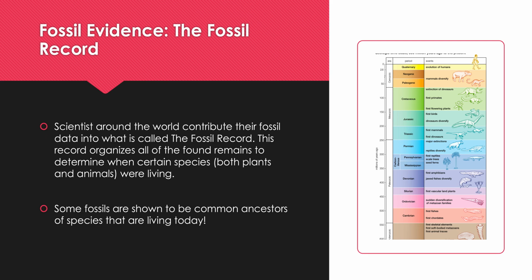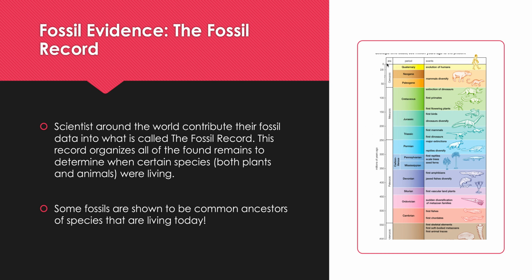You can figure out where they lived in certain time periods. For every fossil that they find, they use carbon dating to figure out how old that fossil is, and then they put it on this timeline.